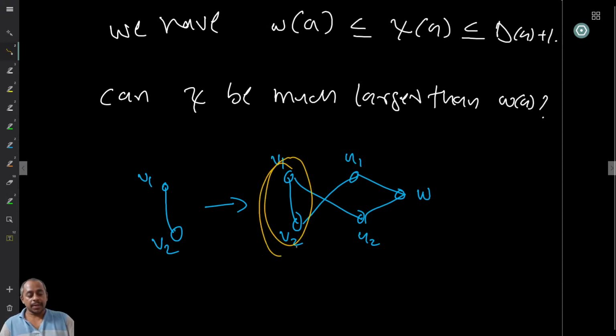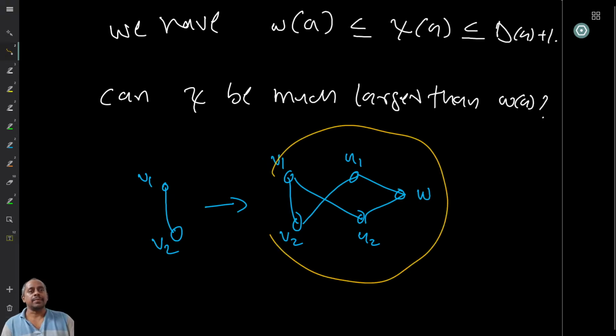If there is a triangle involving U1, there is a triangle also involving V1, because that is the triangle in this graph only. Any triangle here is also a triangle here. This is true for every single vertex, and because there is no edge here, we don't have to look at two of them together, and therefore I show that this graph is triangle-free.